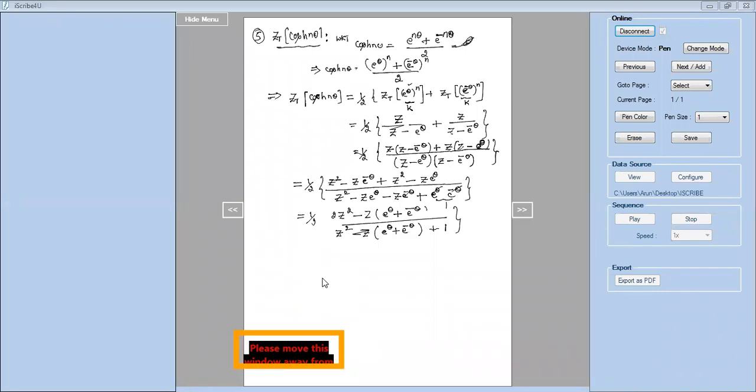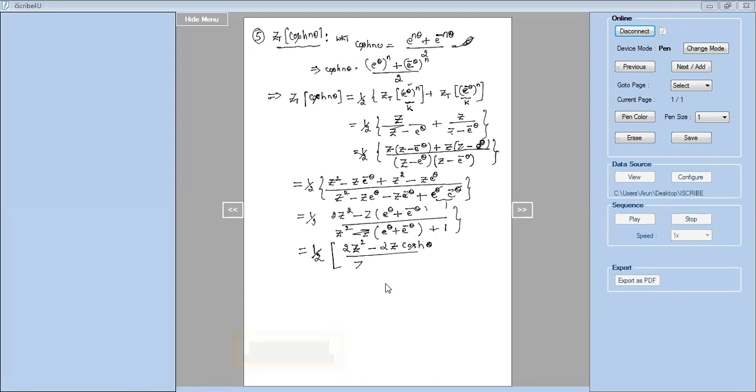so this is equal to 1 by 2 into 2 z square minus, next term, see this. So as I told, this is 2 cos h theta, 2 cos h theta into z. So I can write this as 2z cos h theta, divided by denominator.